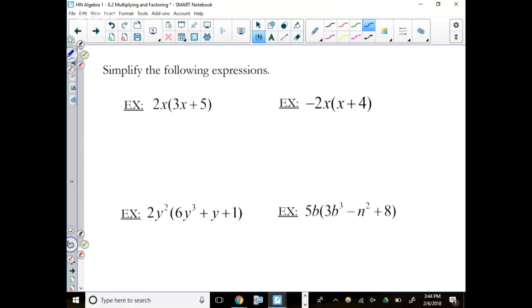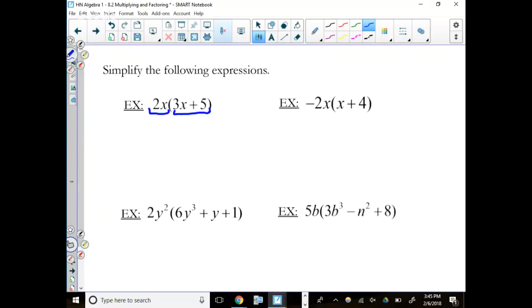All right, so what we're going to jump into with 8.1 is we're going to start multiplying. Okay, so I'm going to use a lot of these vocab words. So outside we have a monomial, and inside we have a binomial. Okay, so this is basically like distributive property, except we're going to combine last lap with what we're doing right now.